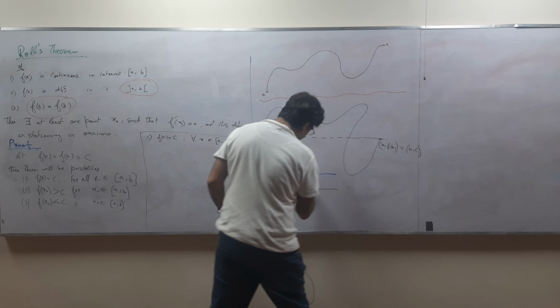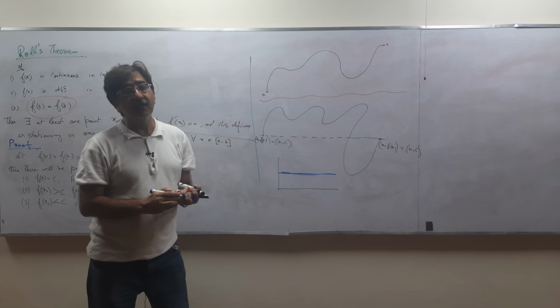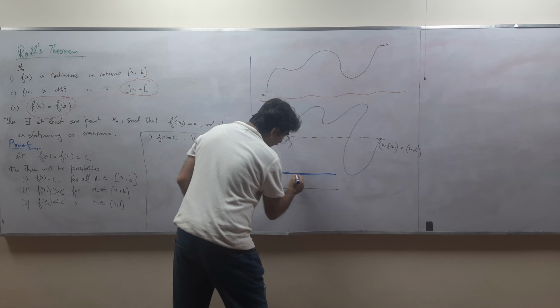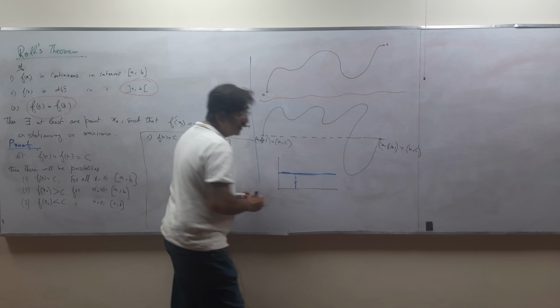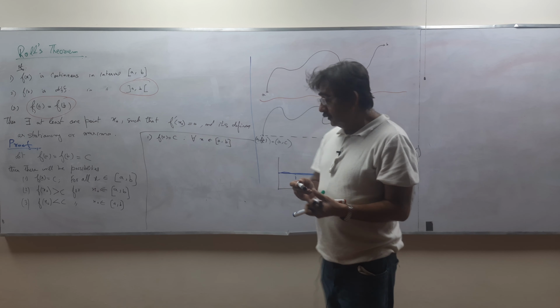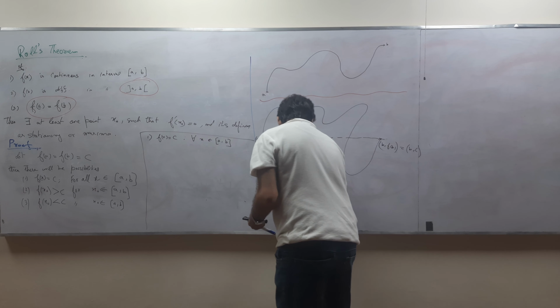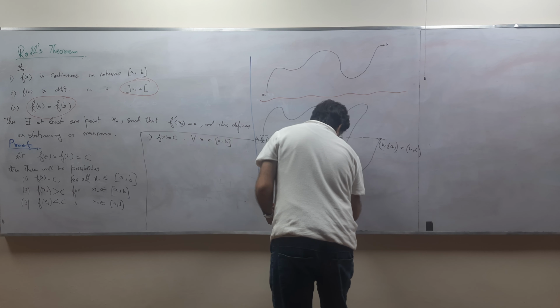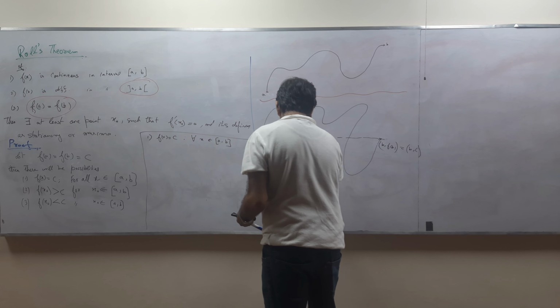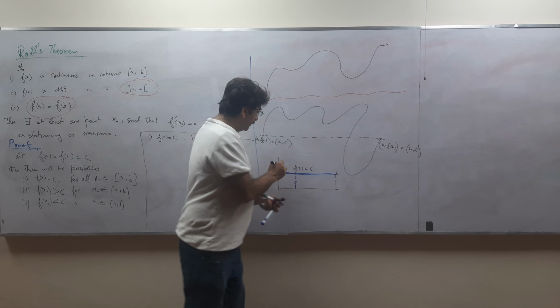If the curve is like this, constant, okay. So if this is C, value C, okay. This is f(x).